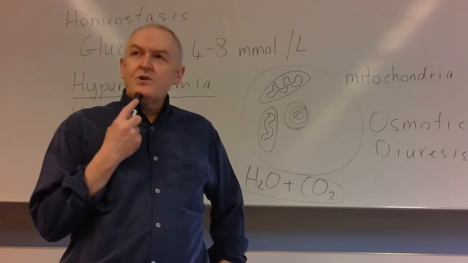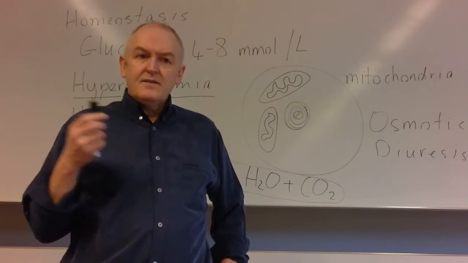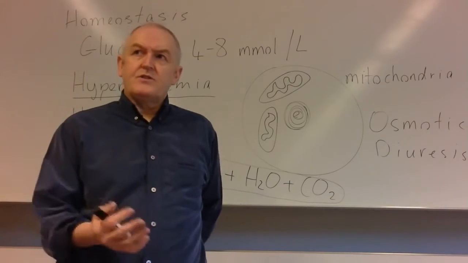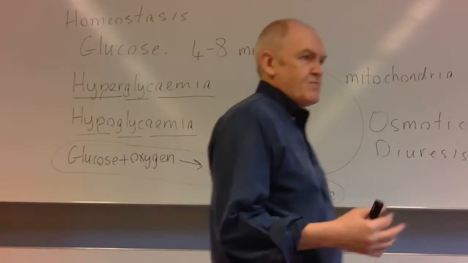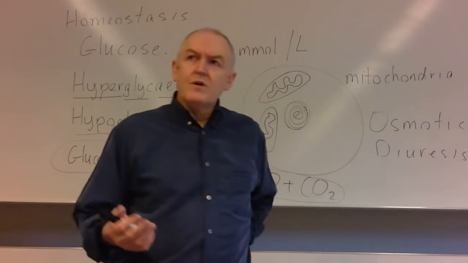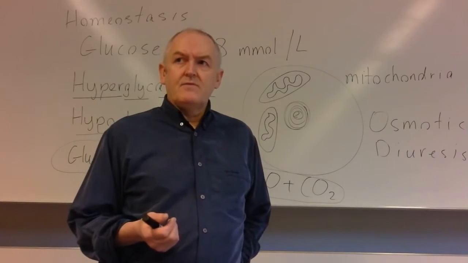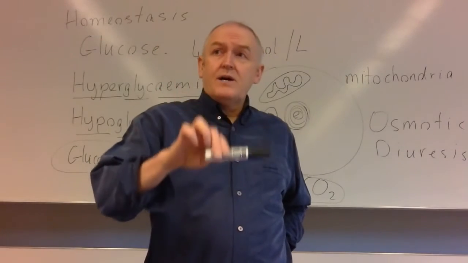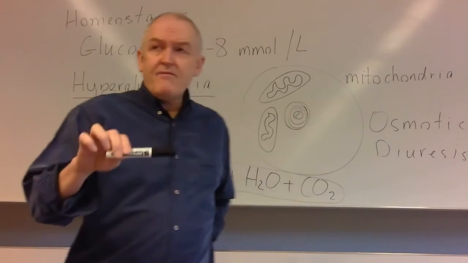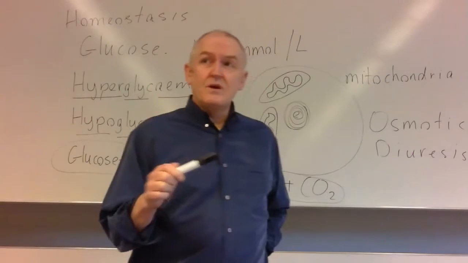Now with type 2, some patients do take insulin. Therefore, their risks of hypos are just the same as someone with type 1. More typically, patients with type 2 diabetes take oral hypoglycemics. They take oral medication to lower the blood sugar levels. Some of those, like gliclazide, can lower your blood sugar quite dramatically. Others, like metformin, aren't supposed to lower your blood sugars dramatically, but actually they do.